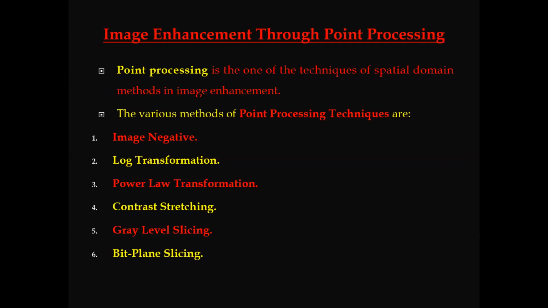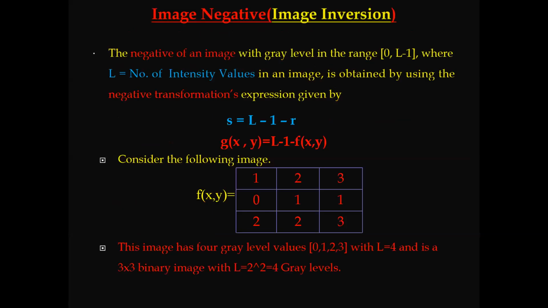These are all the important point processing techniques for image enhancement. We will concentrate on the image negative, how the image negative will be created. Image negative is nothing but image inversion.